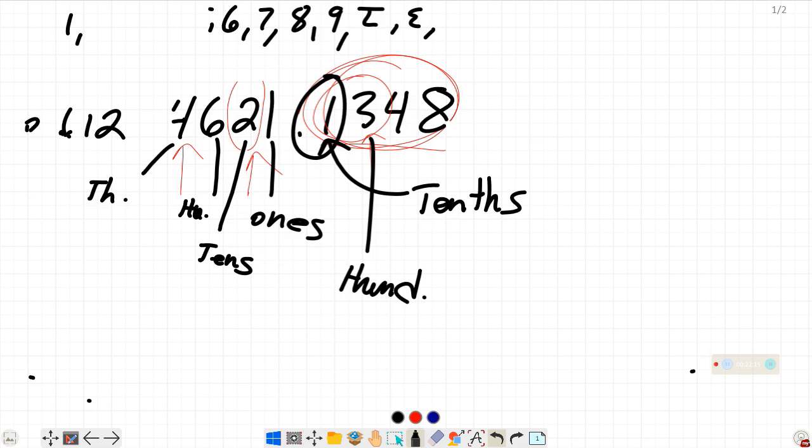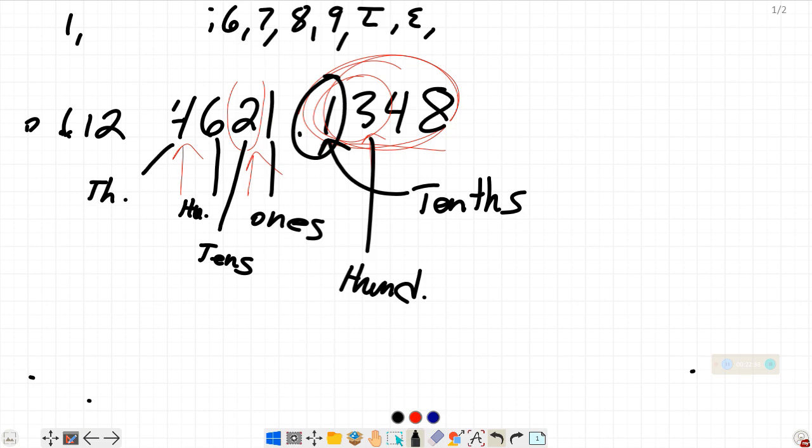But hundredths only have 2 digits because how many hundredths can you squeeze into 2 digits? 99 plus 0 is 100, right? That's why the names don't match up on both sides of the decimal point.